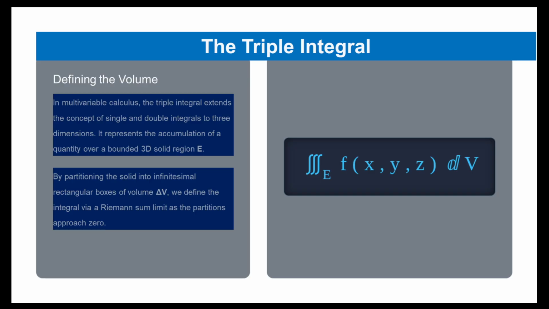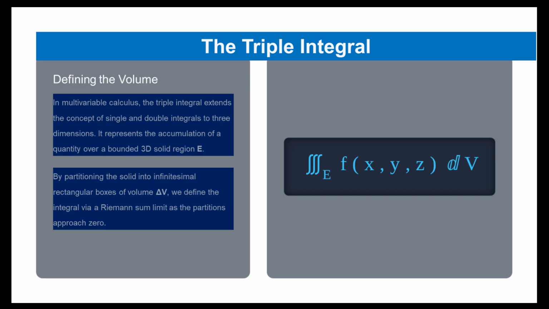Each tiny box has a small volume represented by delta V. Now we find the value of the function at each small box and multiply it by its volume. Then we add all these values together.